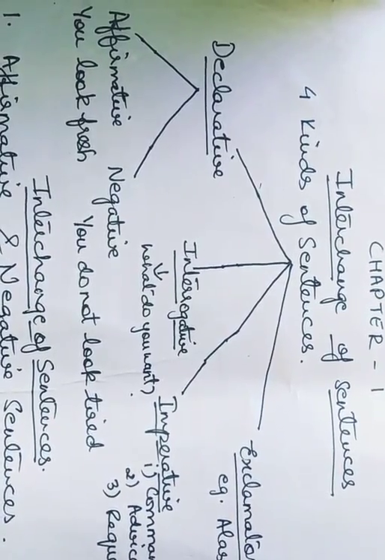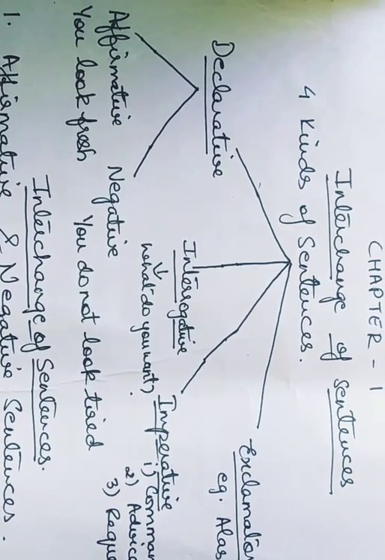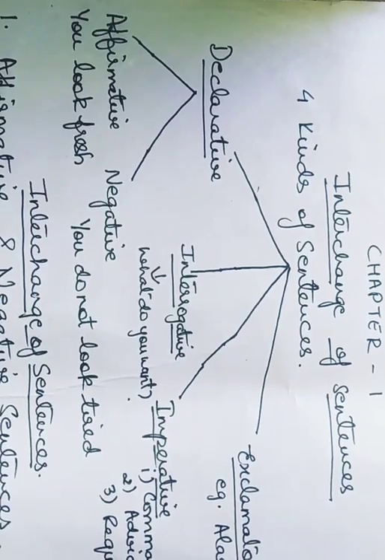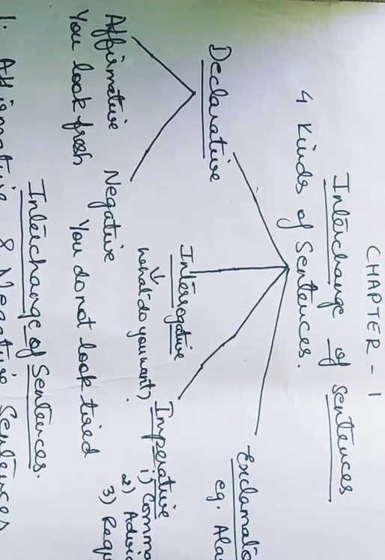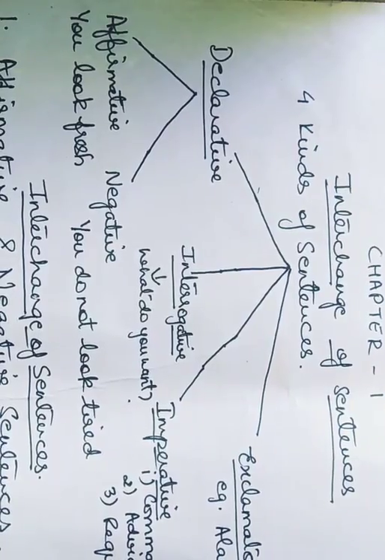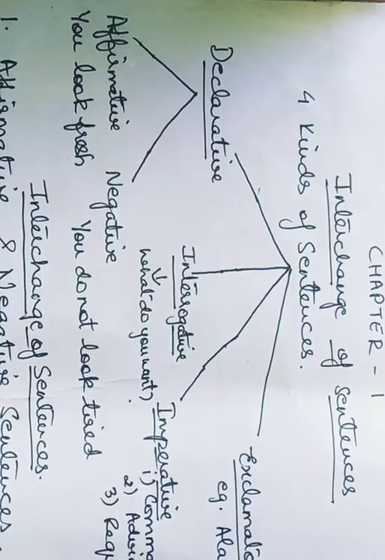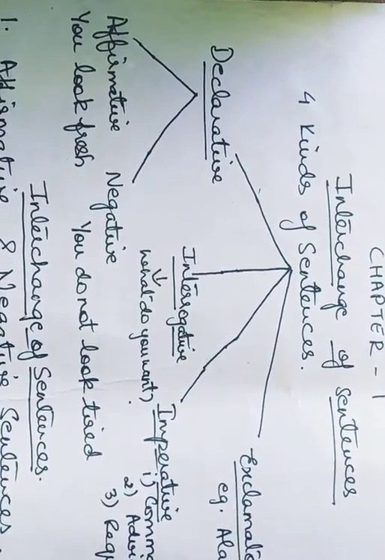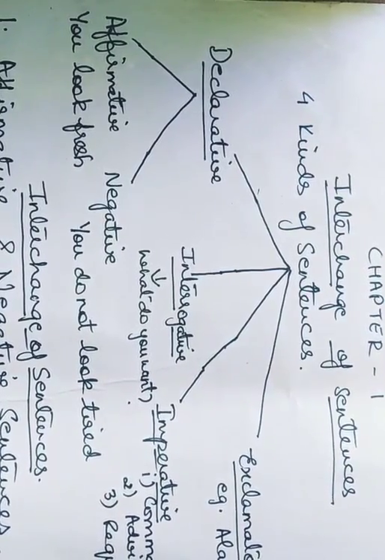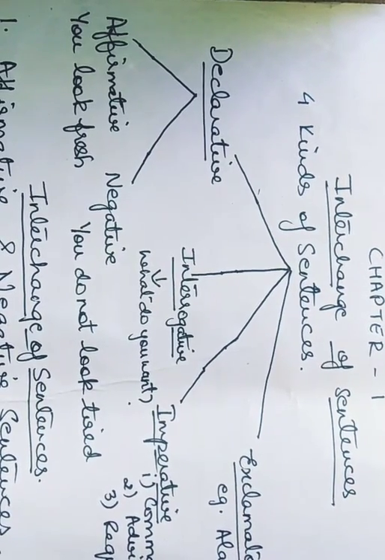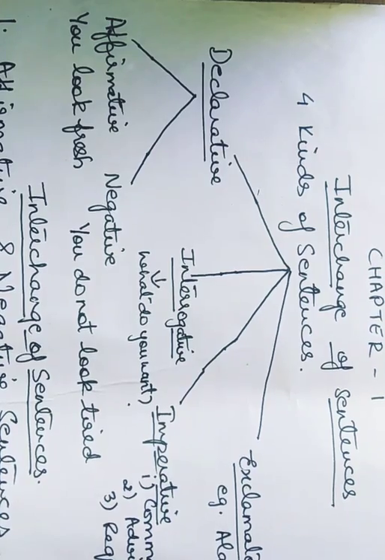The effectiveness of a piece of writing can therefore be seen in terms of the quality of its sentences. So my dear children, it is very important to frame proper sentences, because once you learn how to frame proper sentences, only then can you omit all the grammatical errors and the linguistic errors. So here we go.